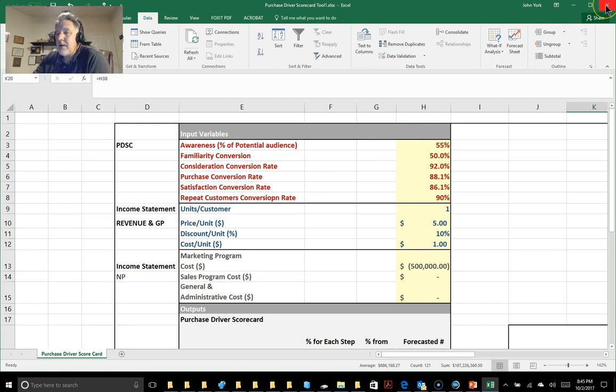So anyway, on Wednesday, I'm going to let you create your own purchase driver scorecard. I've given you the basis from a foundational of the customer journey and marketing funnel, and then given a case example of the Dow case example using the purchase driver scorecard, and then here we have an actual model.